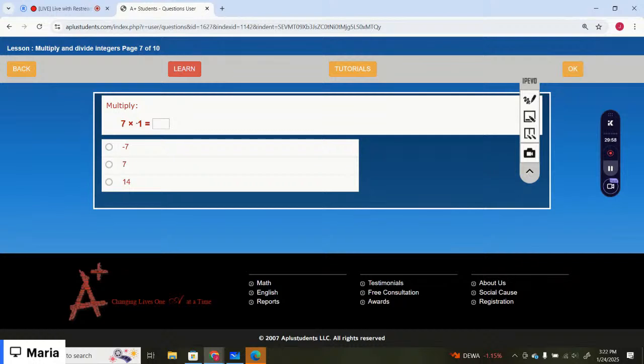7 times negative 1 is negative 7. Very good. Option number 1 is the correct option.